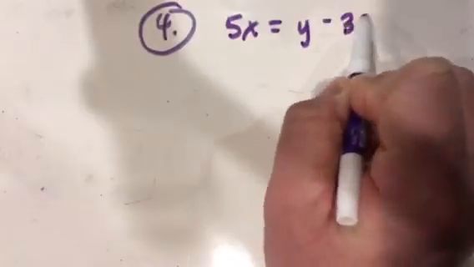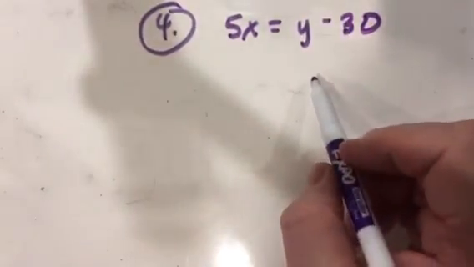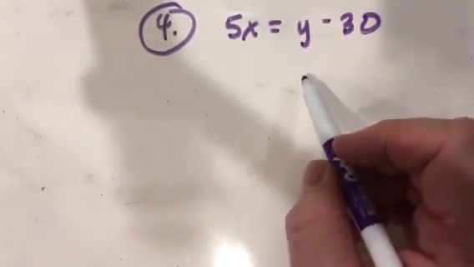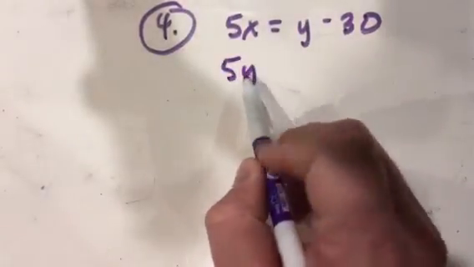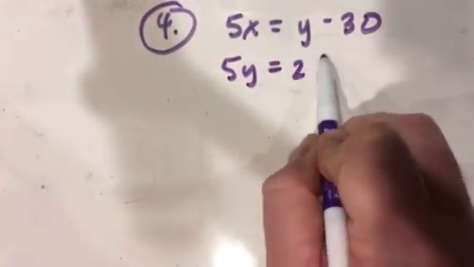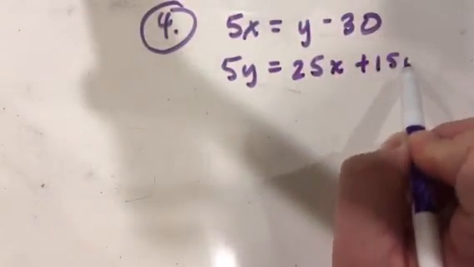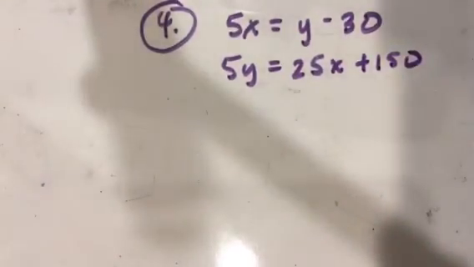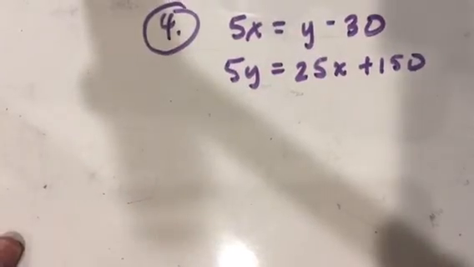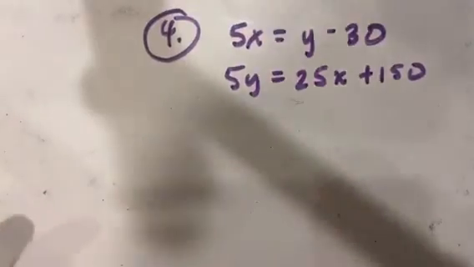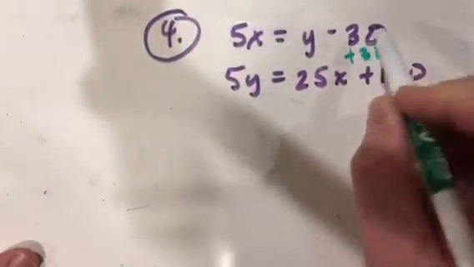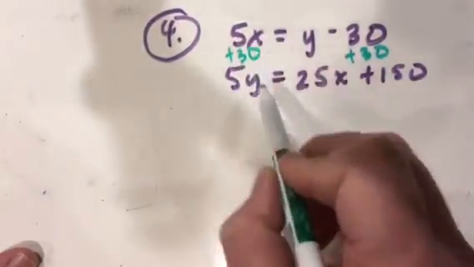Here's the first equation. Here's the second equation. Now, when I see a problem like this, I would probably use substitution, but I would do this step. I would add 30 to both sides.